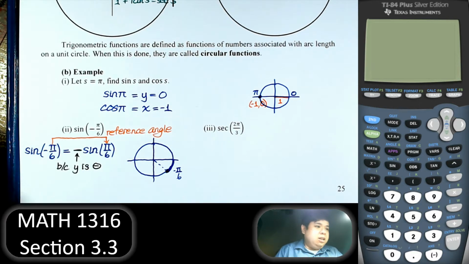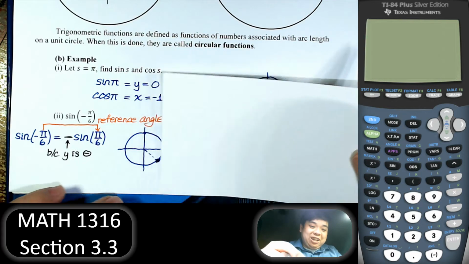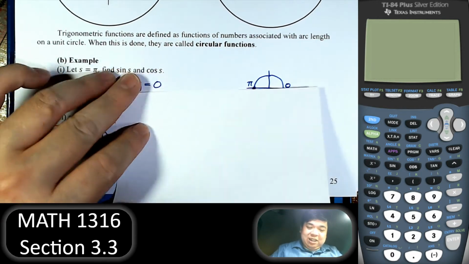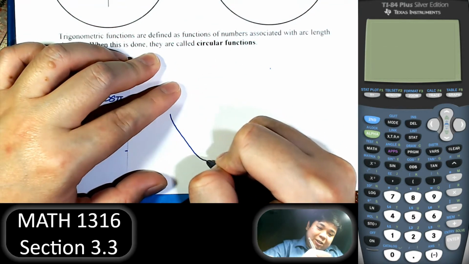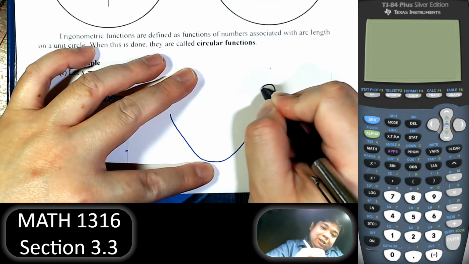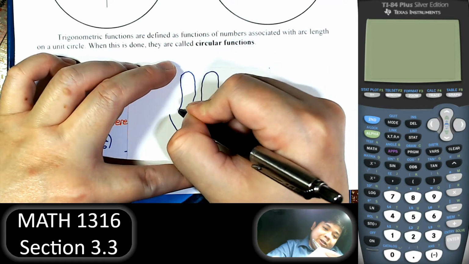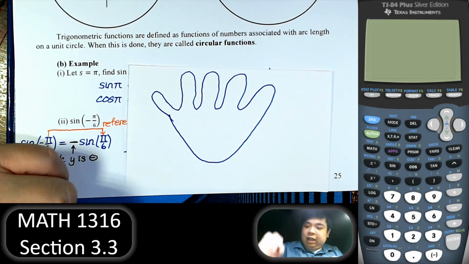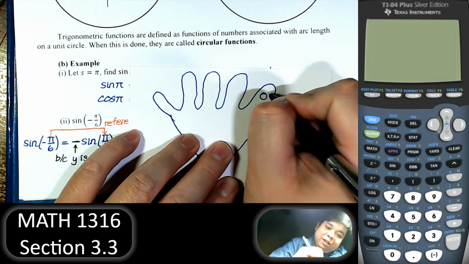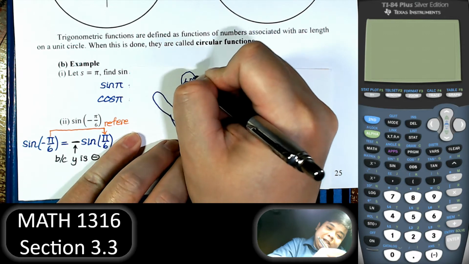And then pi/6. Sorry, I should have the hand rule where we have all the trig values, but I lost it. So let's do that again. Let's draw a hand: 0 degrees, 30, 45, 60, and 90.